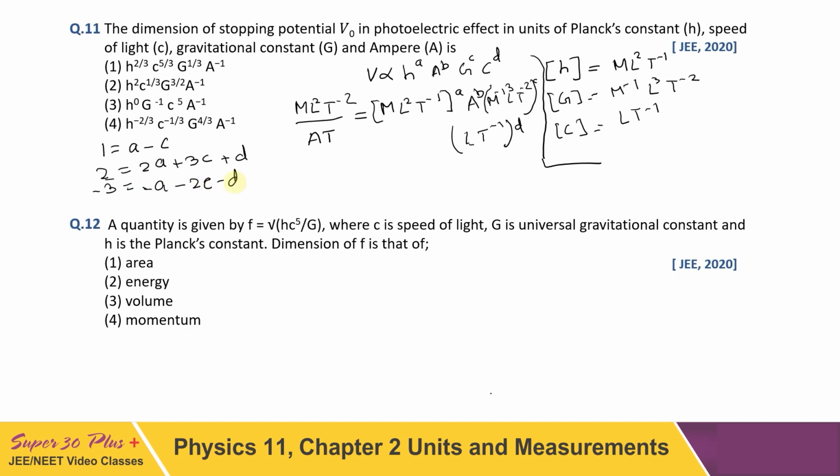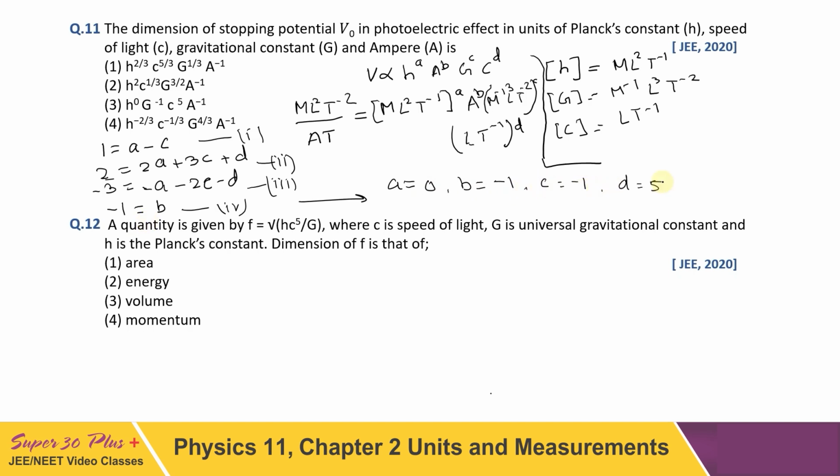For A, on the left hand side it is minus 1, which is equal to b on the right hand side. So b we directly got, that is equal to minus 1. Now we have 4 equations and 4 unknowns. I am directly writing the results because you can solve these 4 simple equations very easily. On solving you would get a is equal to 0, b is equal to minus 1, you can see here itself, c is equal to minus 1 and d is equal to 5.